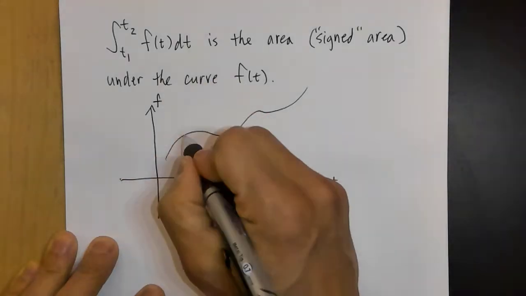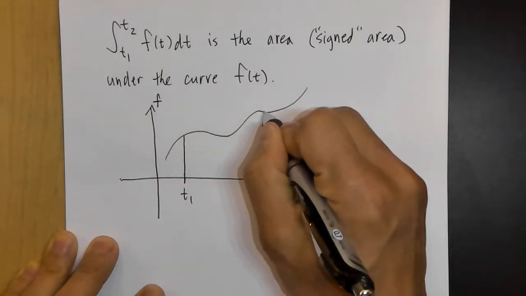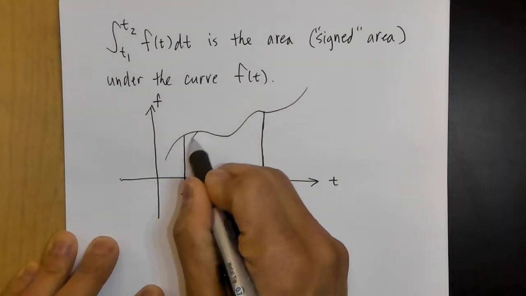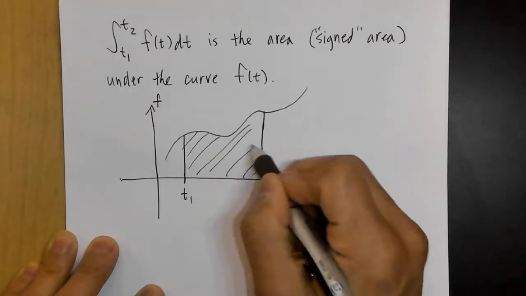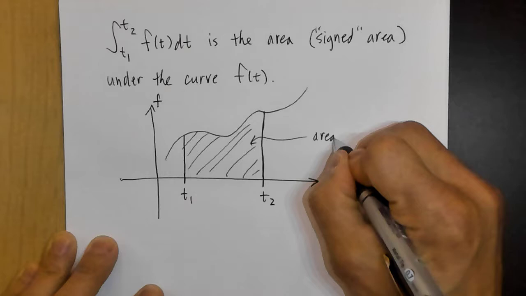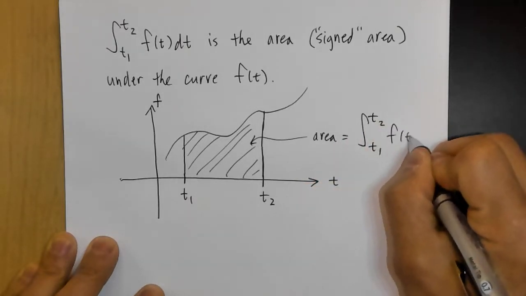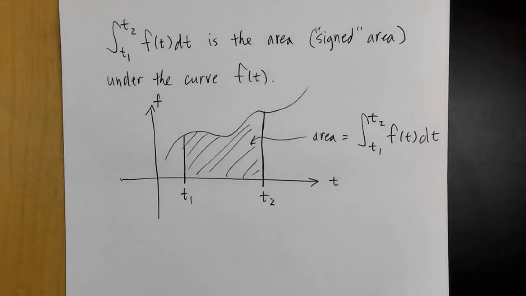It's that region from the curve to 0, and the beginning time to the end time. It's this area here. This area is equal to the integral t1 to t2 f of t dt. Okay? Anybody have questions about this?